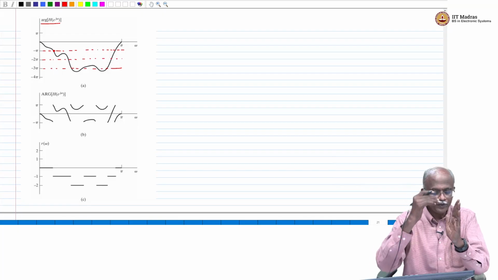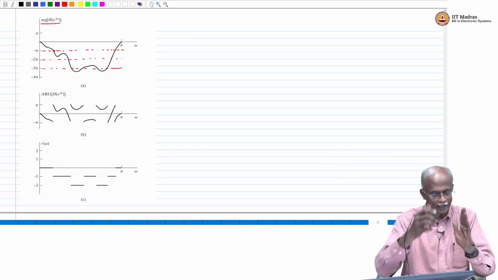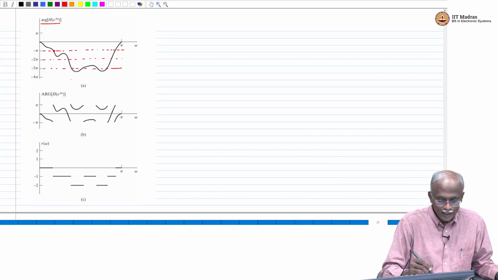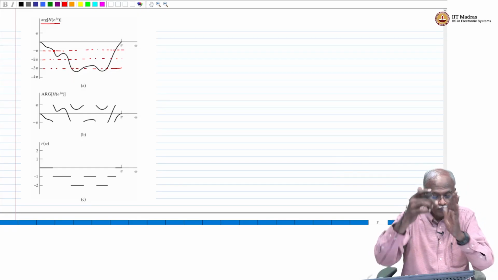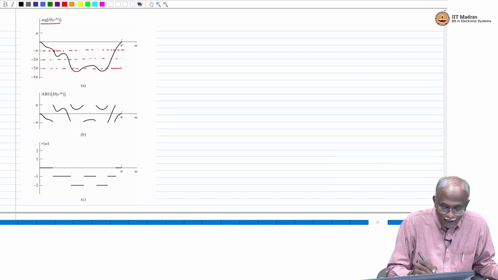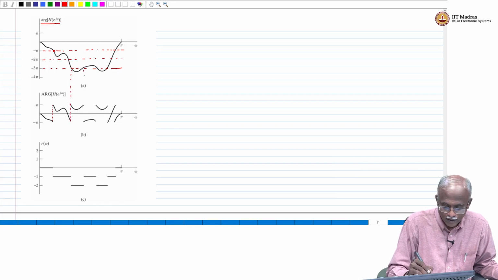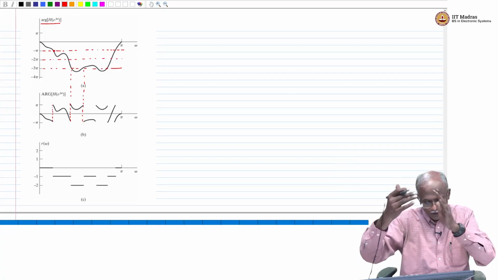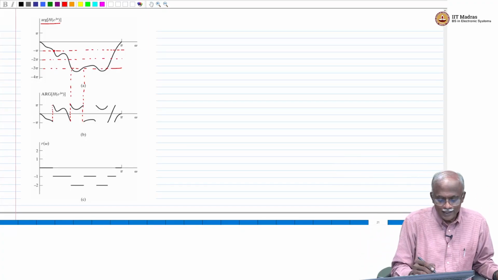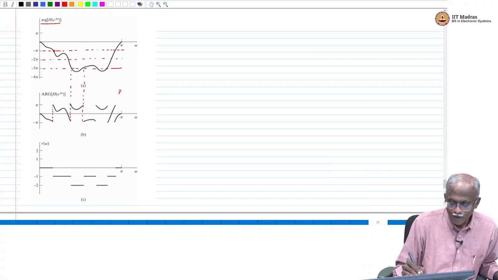Because of the principal value, it jumped from there to plus pi, and then it stayed there till it reaches minus 3 pi, because you've added 2 pi, and then once again there was a jump. So you can see the corresponding points and see where the jumps are occurring. Likewise, when you cross minus 3 pi in the other direction, again you will see a jump. So basically, this is the principal value.